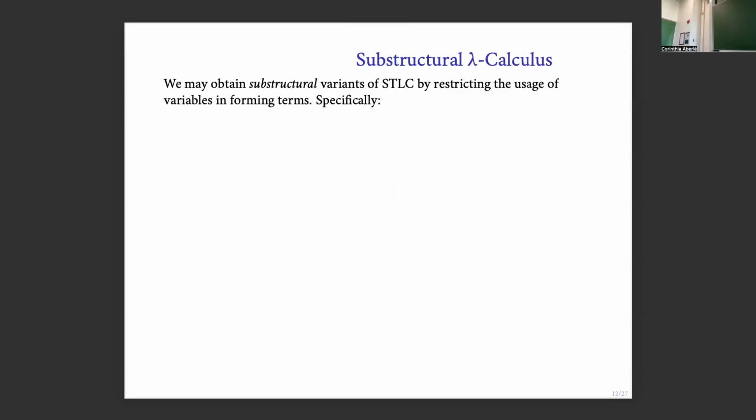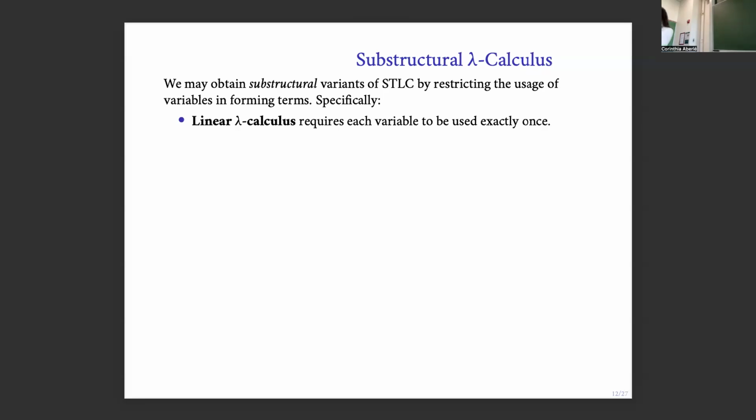With this in mind, we can observe the following. Just like we defined simply typed lambda calculus as the internal language of Cartesian closed categories, we can obtain substructural variants of simply typed lambda calculus that will be the internal languages of different sorts of monoidal categories. Linear lambda calculus requires each variable to be used exactly once. So when you have multiple variables in a context in your typing rules, this variant requires that they all have to be used exactly once.